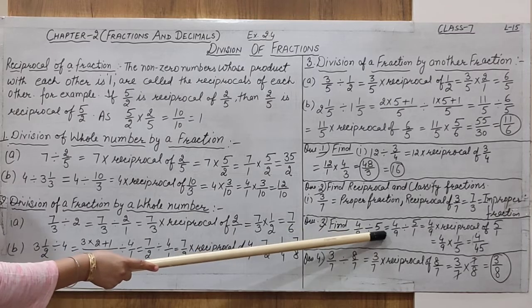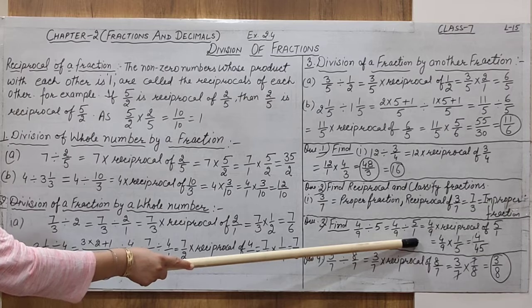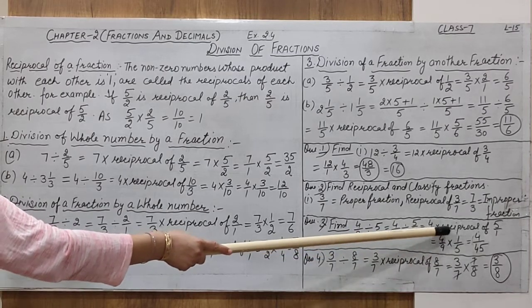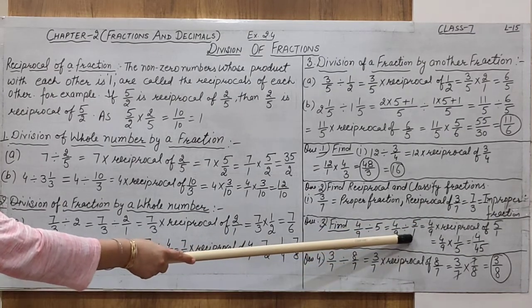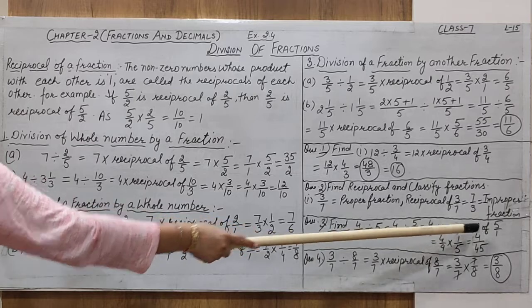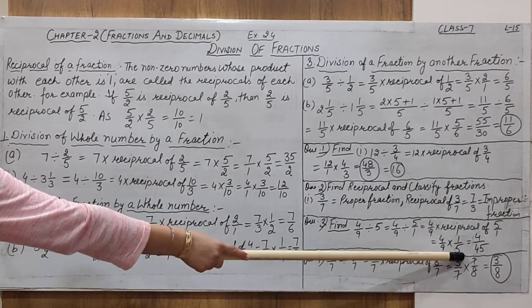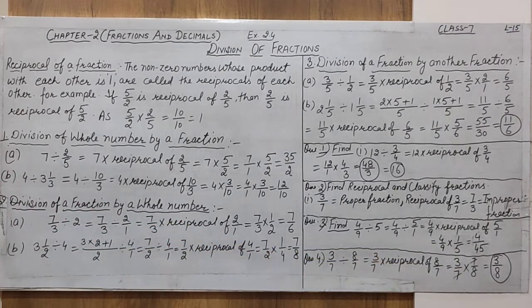We have to change the whole number into a fractional number, then change the division sign into multiplication and multiply it with the reciprocal of 5 by 1. So 4 by 9 is multiplied with 1 by 5. The result is 4 by 45.